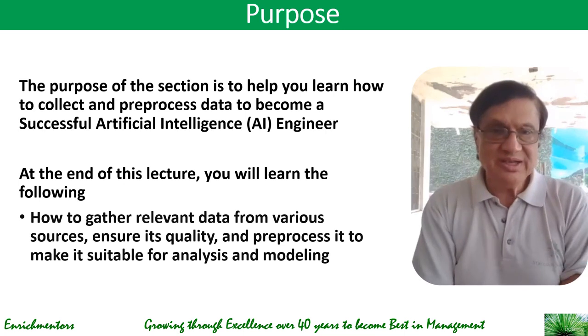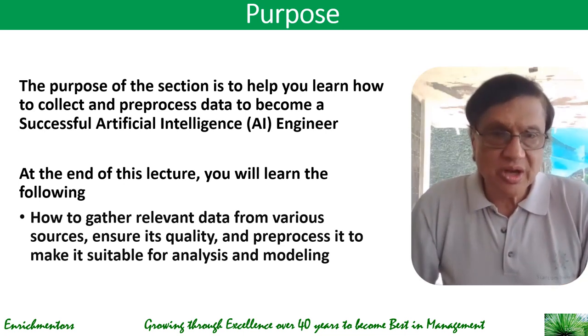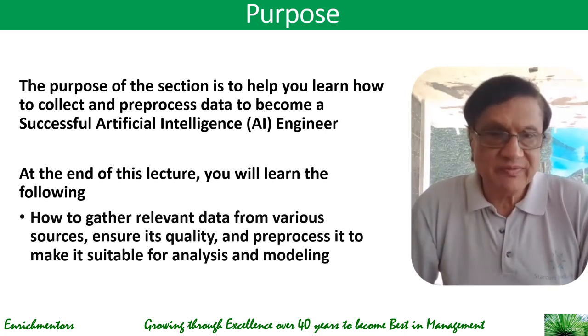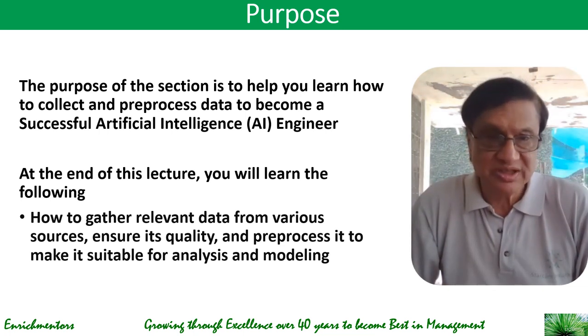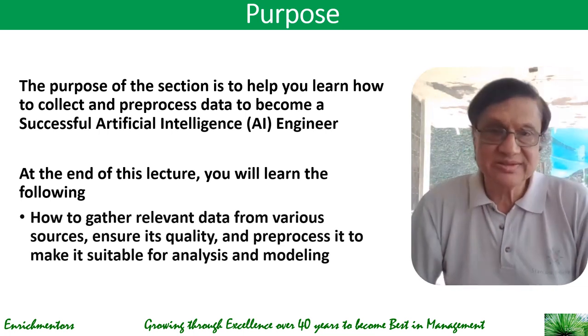So in this lecture, we will continue to talk about how to gather relevant data from various sources, ensure its quality, and pre-process it to make it suitable for analysis and modeling.